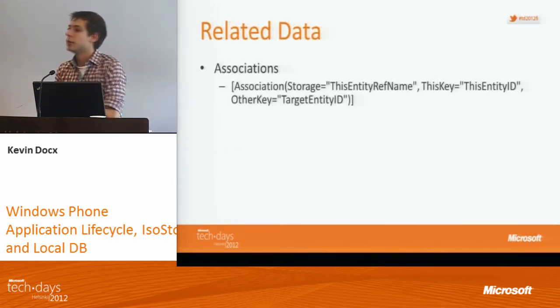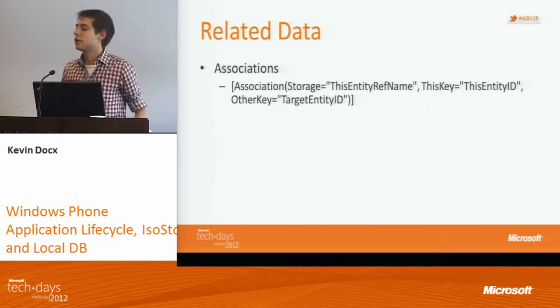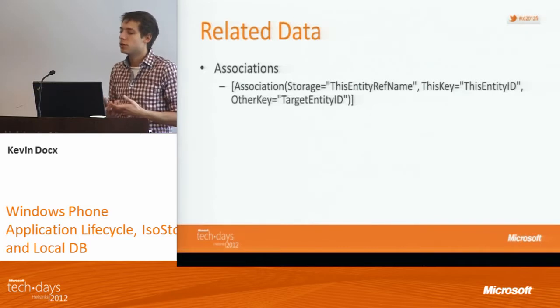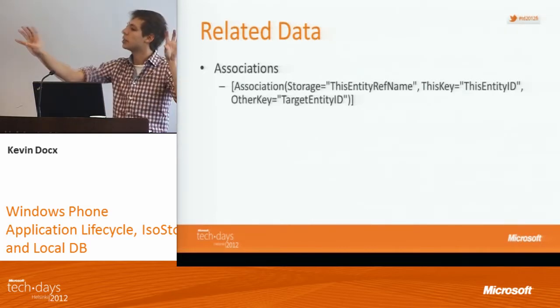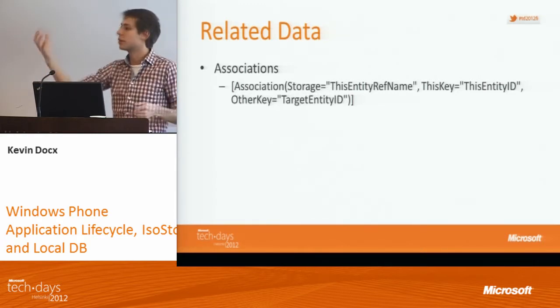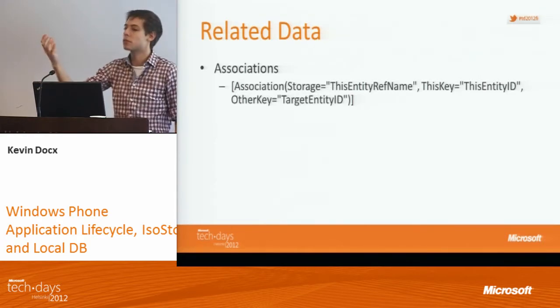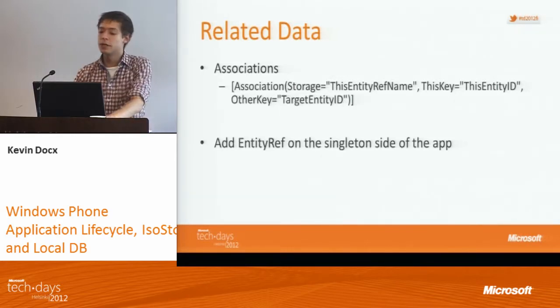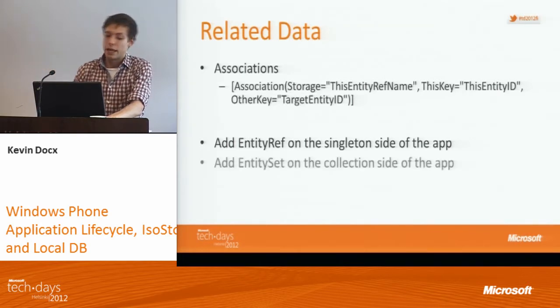And as we're working with the database, if you're only having unrelated data, it's a bit silly to work with the database. So you need to define your associations as well. This table is associated with that table. This to-do item has that category. This category has three to-do items linked to it, stuff like that. How do you do that? On the singleton side, you add an entity reference, and on the collection side, you add an entity set.